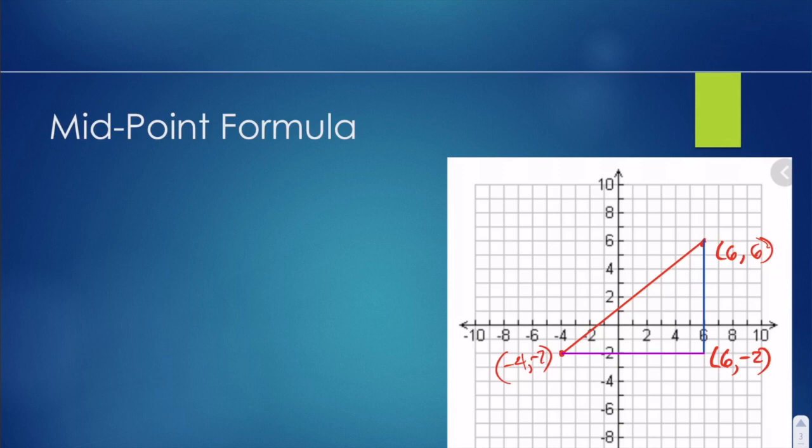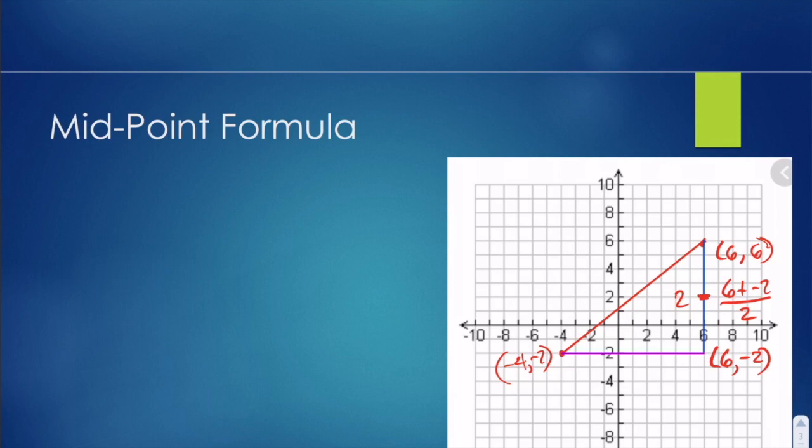So if that's the case, then I can actually take the midpoint of this segment right here and find it. So let's just do that. We're going to say 6 plus -2 and divide that result by 2. So 6 plus -2, that's 4. Divide by 2, that's 2. So here we are at a height of 2.